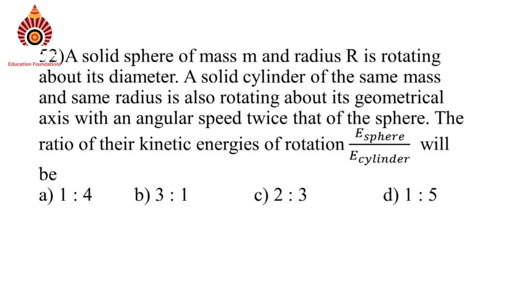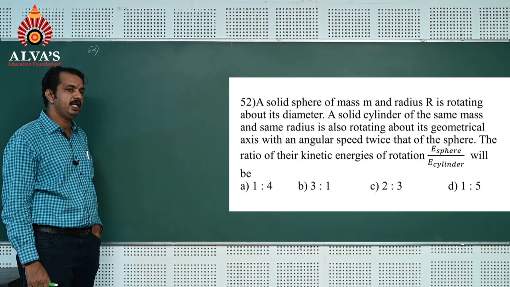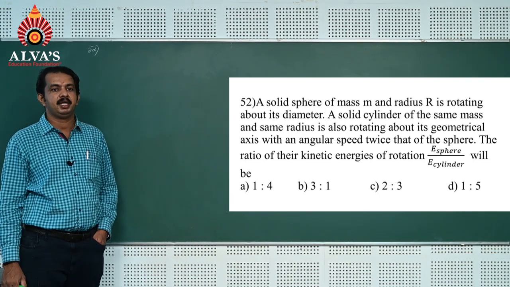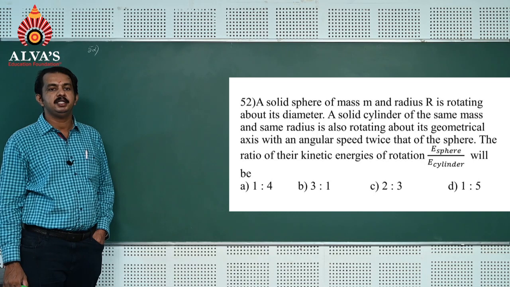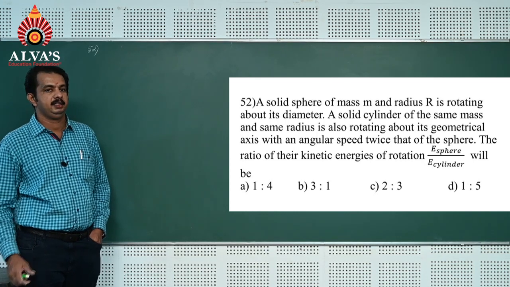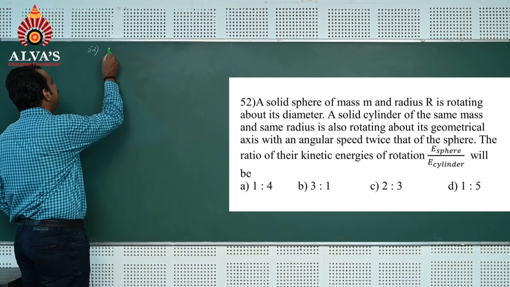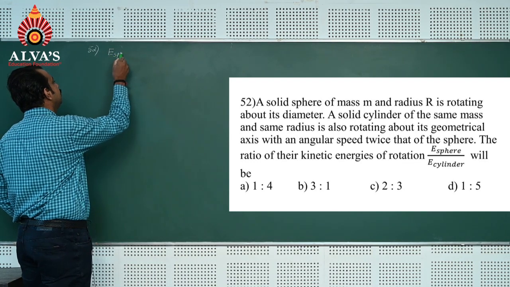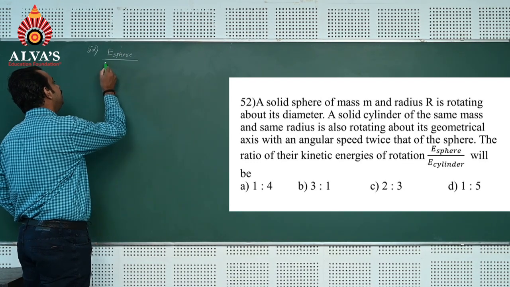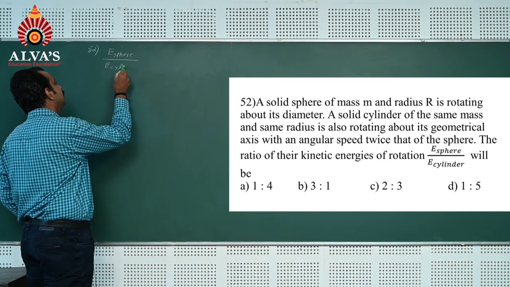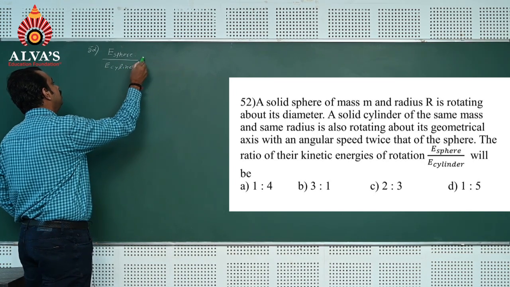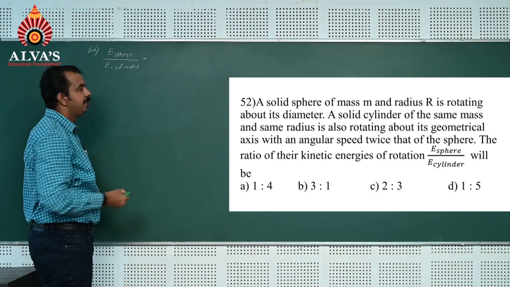A solid sphere of mass m, radius r is rotating about its diameter. Solid cylinder of same mass and same radius is also rotating about its geometrical axis with an angular speed twice that of the sphere. The ratio of their kinetic energy of rotation, that is E sphere divided by E cylinder, is asked here. That is E sphere divided by E cylinder, which is ratio of kinetic energy.